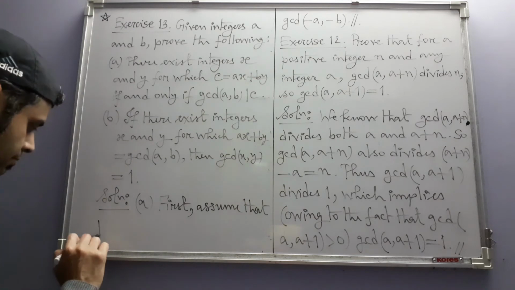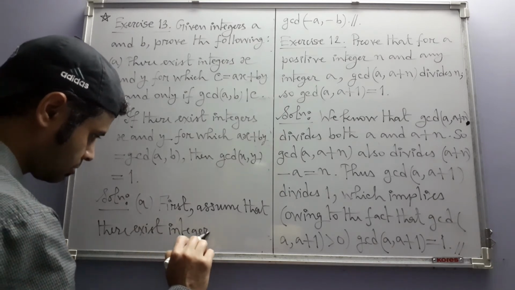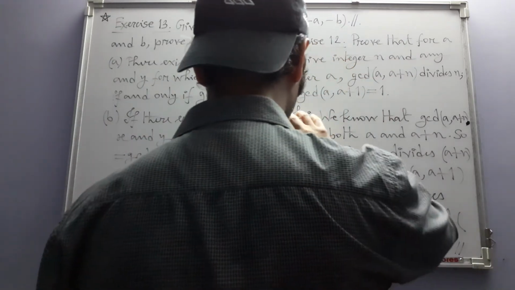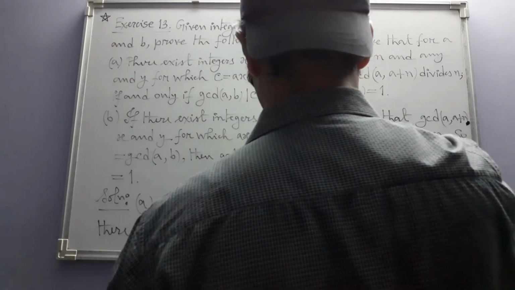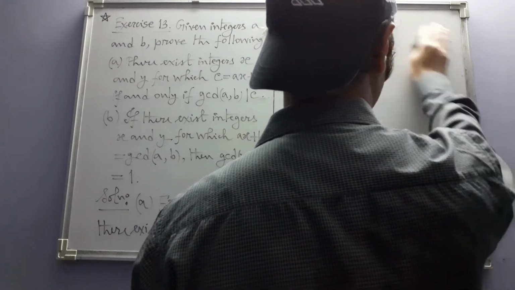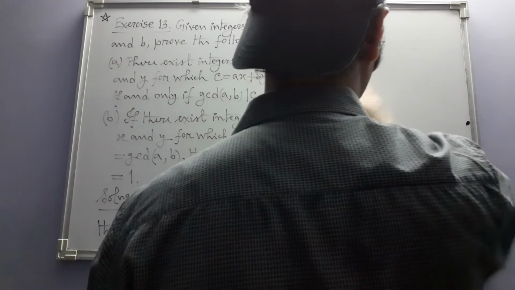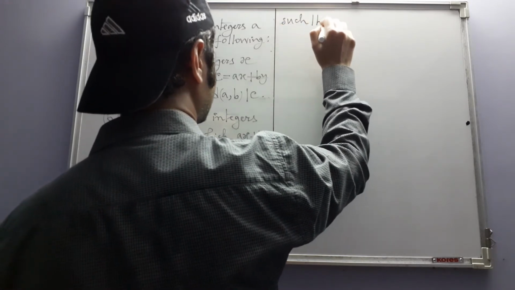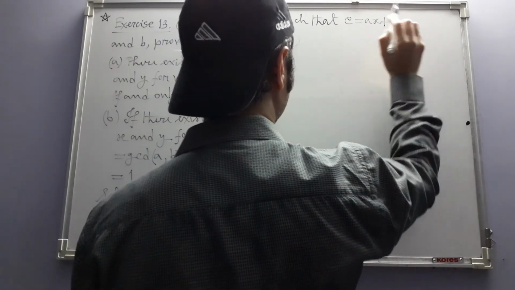First, assume that there exist integers x and y such that c is equal to ax plus by.